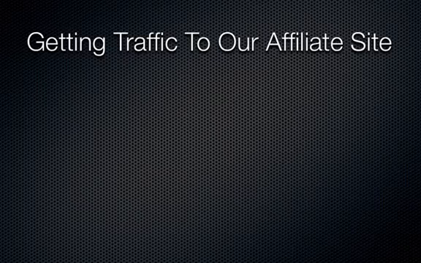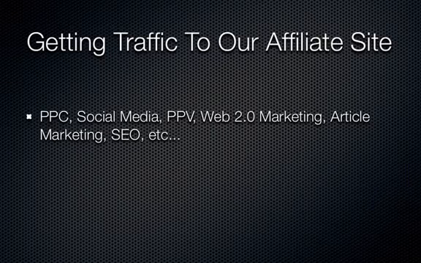But you know what, folks? Many marketers out there will tell you you need to do pay-per-click, which can be ridiculously expensive, especially if you don't know exactly what you're doing. Social media, pay-per-view, Web 2.0 marketing, article marketing, SEO, etc. There are tons of different ways that you can drive traffic, which can be great, but for this particular method, we're not going to use any of those.